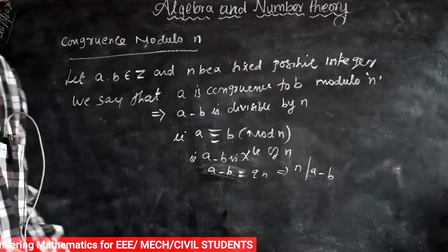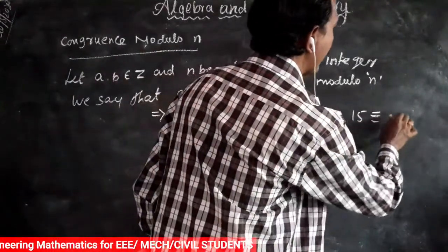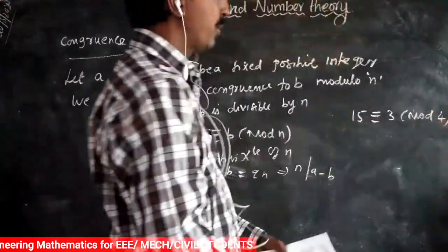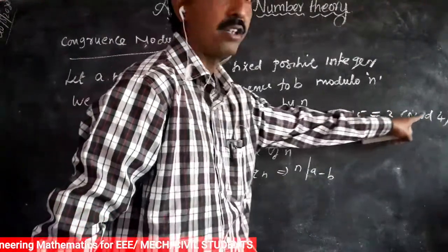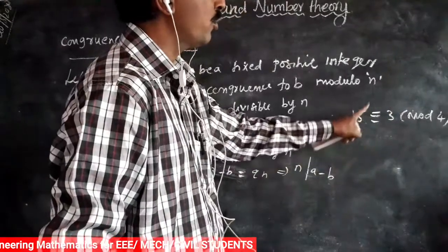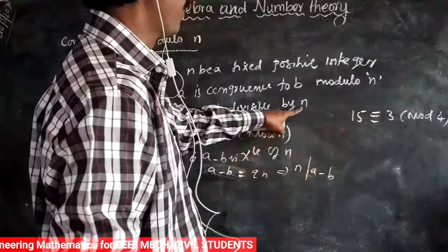For example, 15 is congruent to 3 mod 4. Yes, it is true. The reason is, a congruent to b mod n means a minus b is divisible by n.